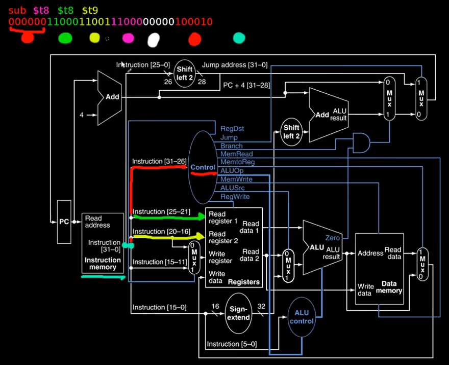These pink bits, instruction 15 through 11, is what's being written to in this instruction. You can tell that from the ordering of the registers in the MIPS instruction. In different instructions, the yellow bits would actually be the ones being written to.